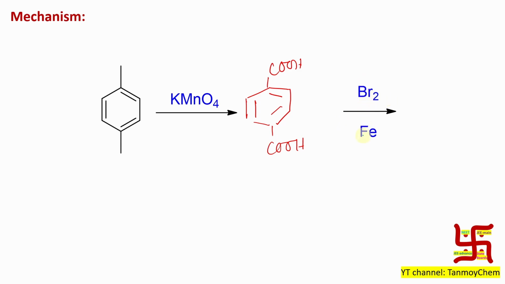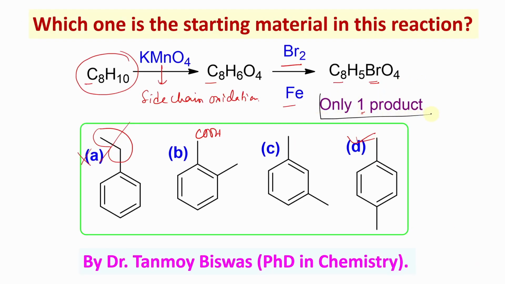Actually this Br2/FeBr3 is also aromatic electrophilic substitution. So with respect to this COOH, these two are meta, and with respect to another COOH, these and these are meta. By the way, from this conceptual clarity you can understand any hydrogen could be substituted. So if you substitute any, the product is the same, so it matches the condition of only one product.